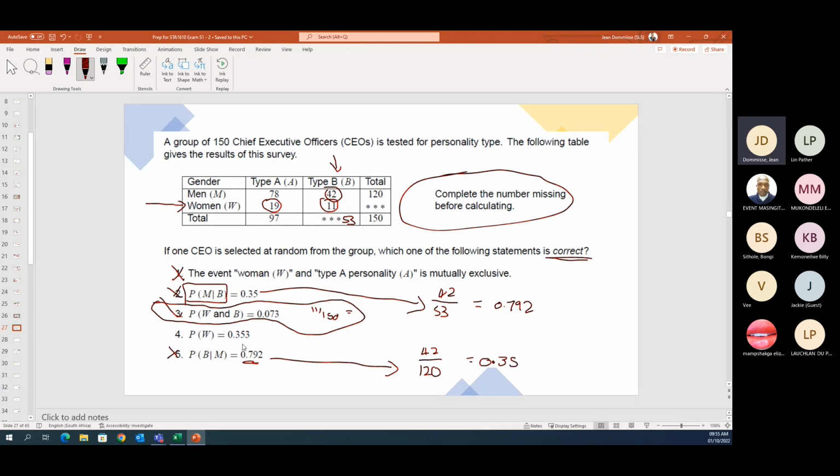And the last one, probability of women. Okay, so we need to know what that number is. So that is 30, and it is divided by everyone, which is 150. So 30 divided by 150 is 0.2, okay, which is also incorrect.